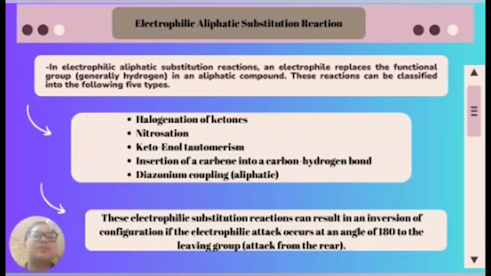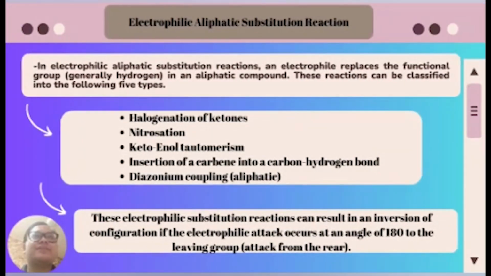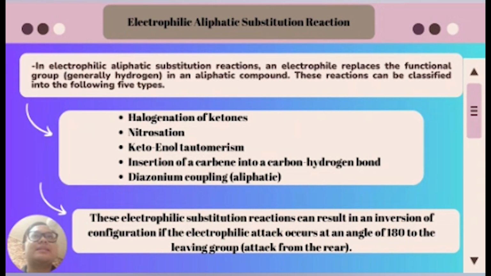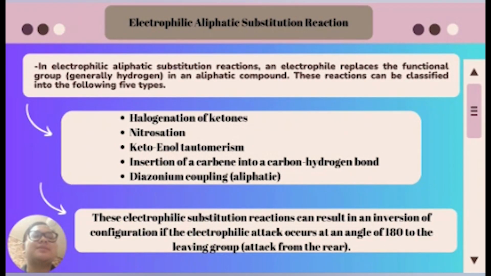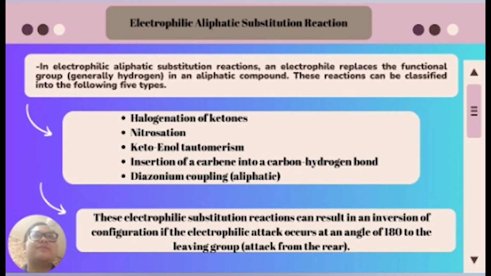Next, I will talk about the second type of electrophilic substitution reaction, which is electrophilic aliphatic substitution reaction. In electrophilic aliphatic substitution reactions, an electrophile replaces the functional group, which is generally hydrogen, in an aliphatic compound. This reaction can be classified into the following five types. The first one is halogenation of ketones. The second one is nitrosation.